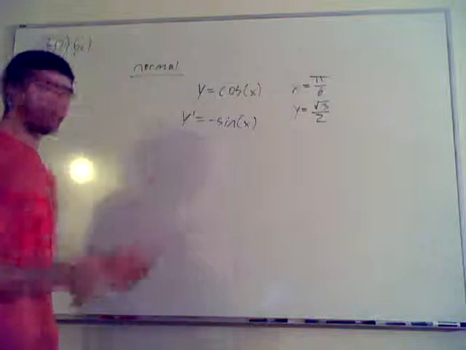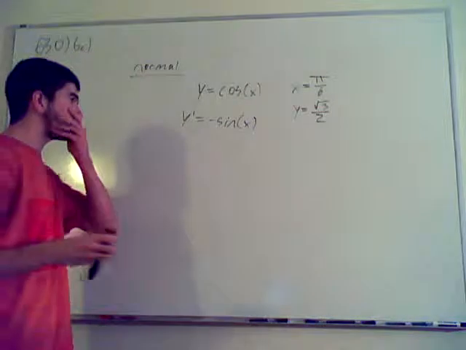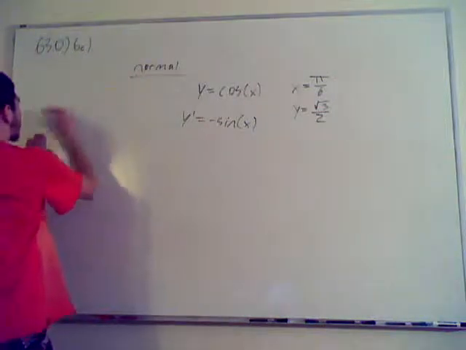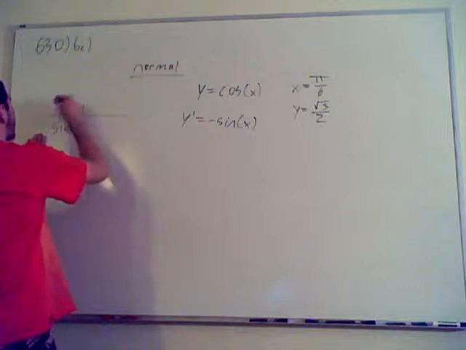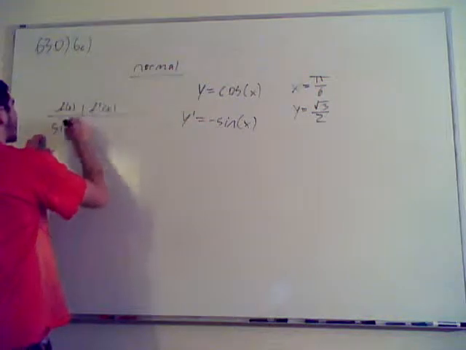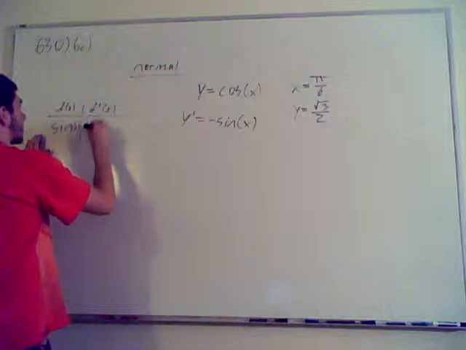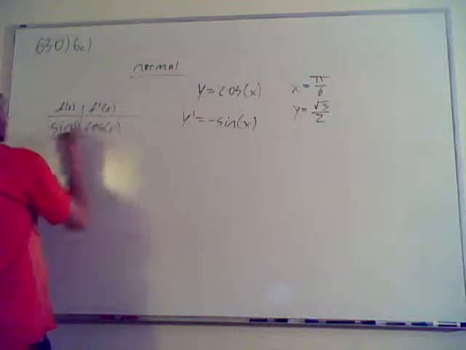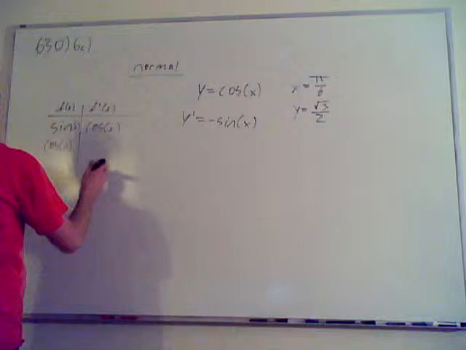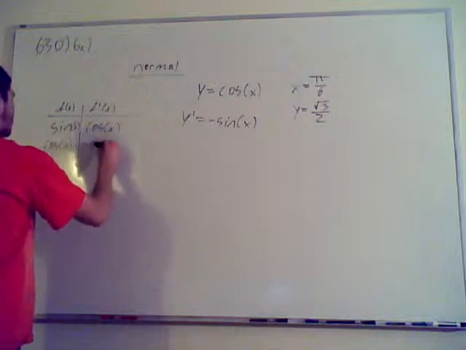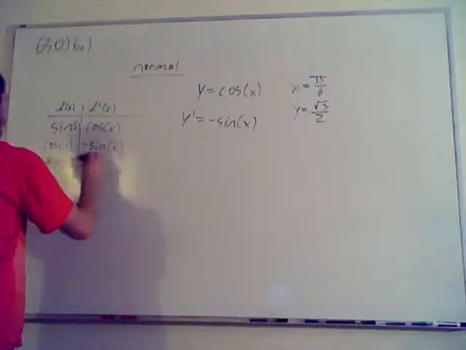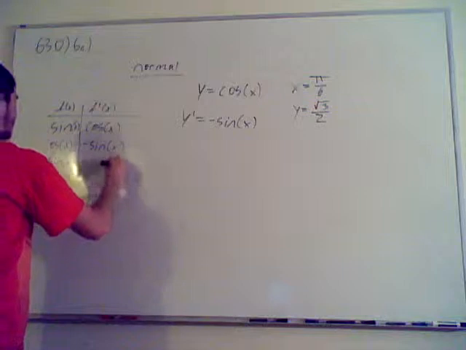If you want to write this down, this is pretty useful. I'll make a little chart: f of x, f prime of x. Sine of x turns into cosine of x. Cosine of x turns into negative sine of x. Negative sine of x turns into negative cosine of x.